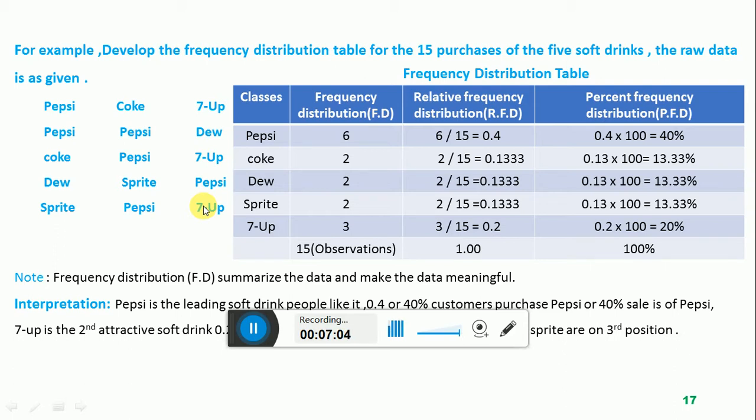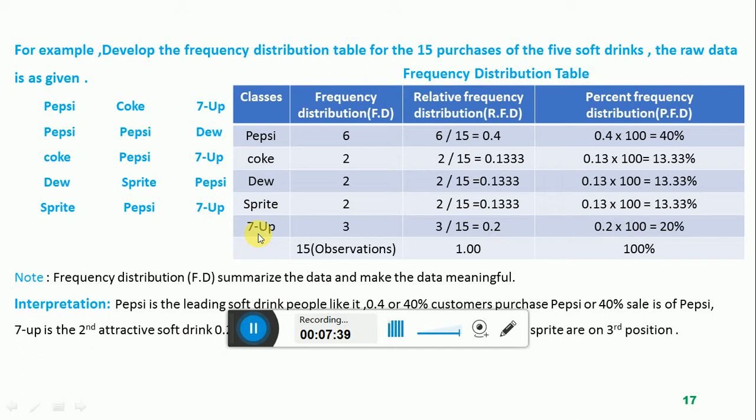So this is the frequency distribution table, and I categorize it in 4 columns. The first column represents groups, or classes, or data items. So we divide the raw data into 5 groups, 5 classes: first Pepsi, second Coke, third Dew, fourth Sprite, and fifth 7-Up.